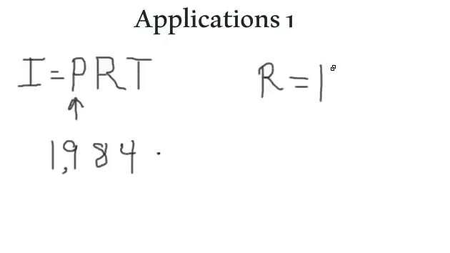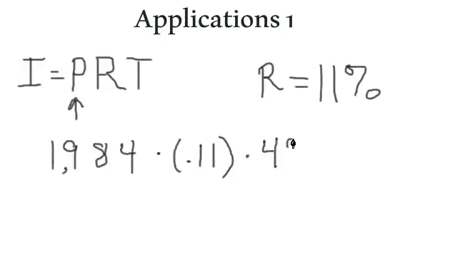So R was equal to 11%, but we're going to move the decimal place over 2 places to the left. So that's going to end up becoming 0.11. And it was for 42 years. So T is 42. We're going to leave that in years. Alright, and this is all equal to I. So this is the interest.